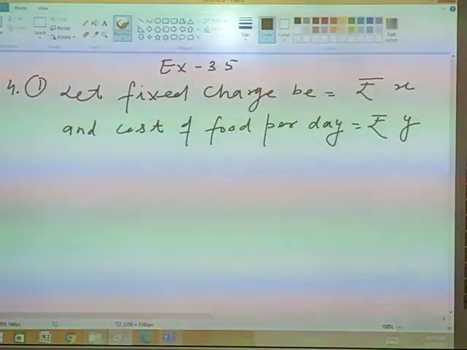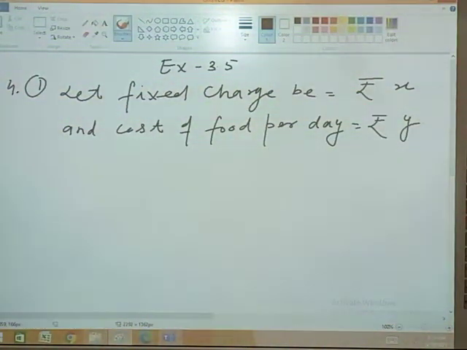Students, now read the question properly, and read the statement first. A part of the monthly hostel charge is fixed and the remaining depends on the number of days one has taken food in the mess.